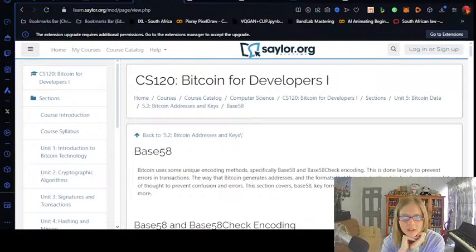And we've also learned a little bit about when we're dealing with hexadecimals, there is also a relationship with base 58. We at least have an understanding at this stage when it comes to base 58.